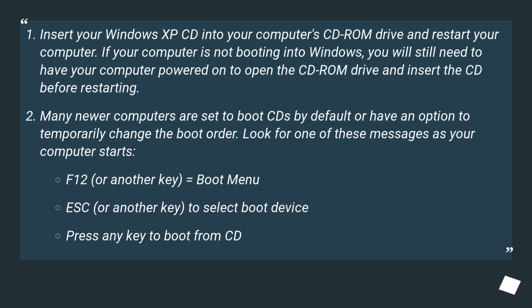Many newer computers are set to boot CDs by default or have an option to temporarily change the boot order. Look for one of these messages as your computer starts: F12, or another key, equals boot menu. Escape, or another key, to select boot device. Press any key to boot from CD.